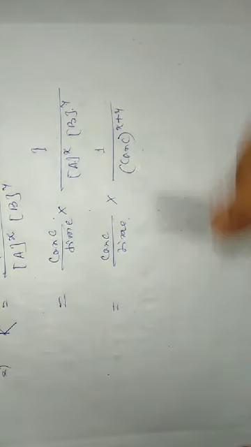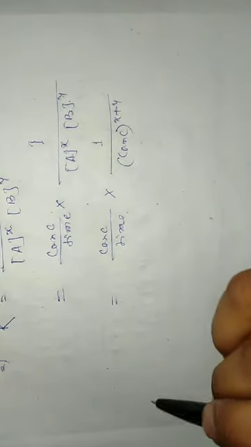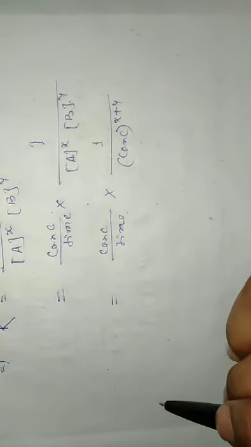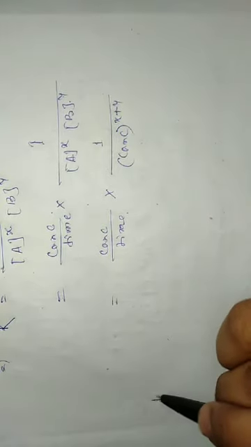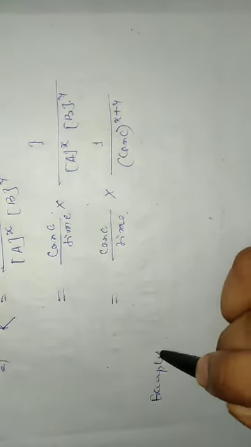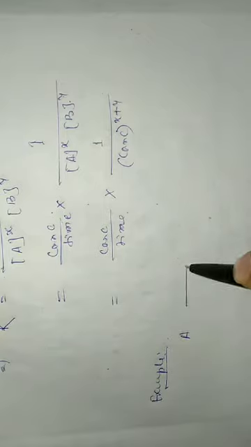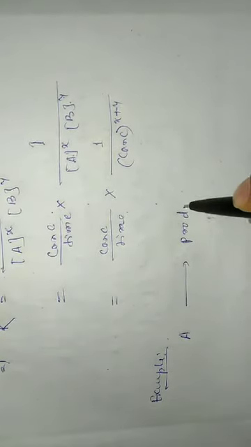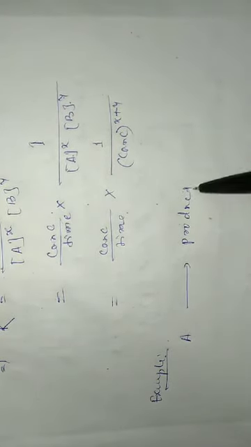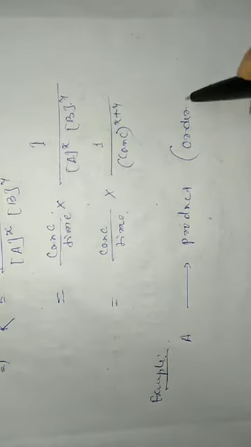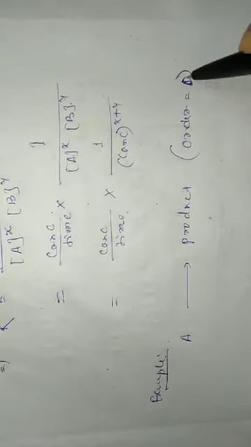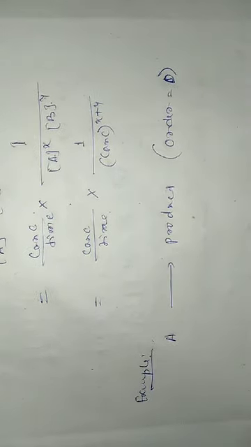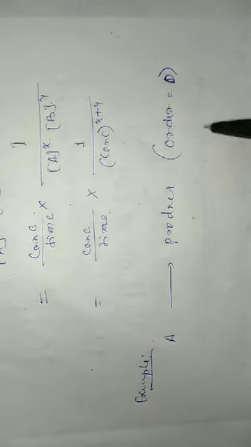So for different orders of reaction, the unit of k is worked out. For example, we consider A is converted to B product. Suppose it is given in the equation that this is a zero order reaction. So for this reaction the order is mentioned.